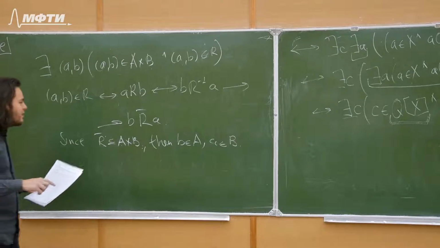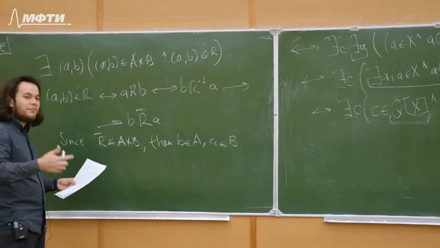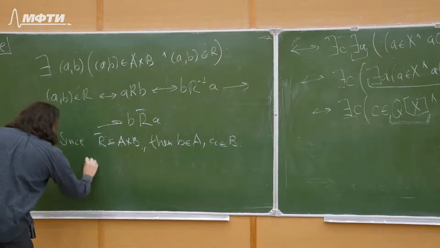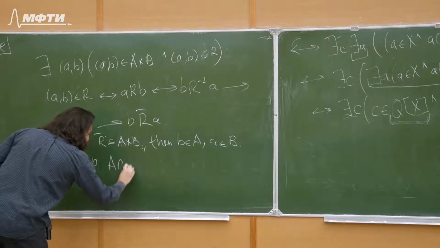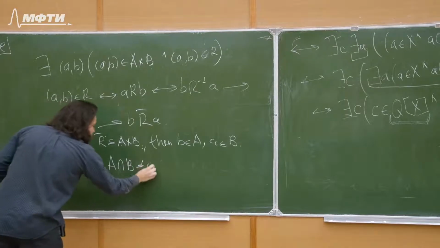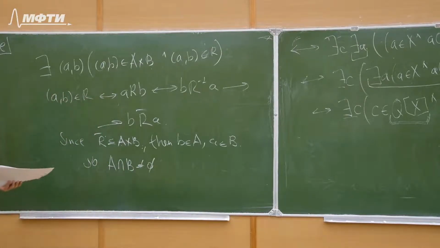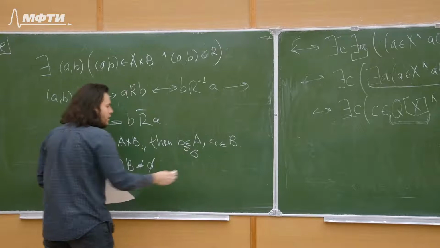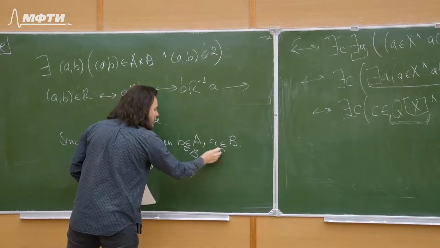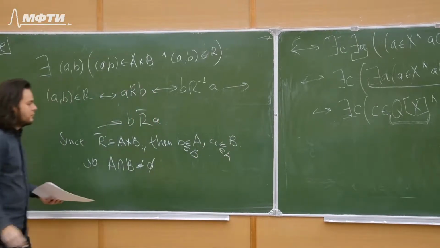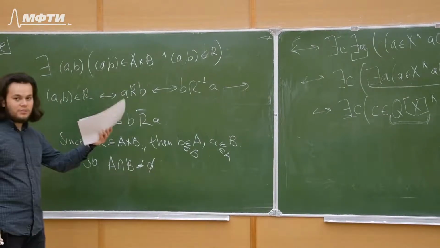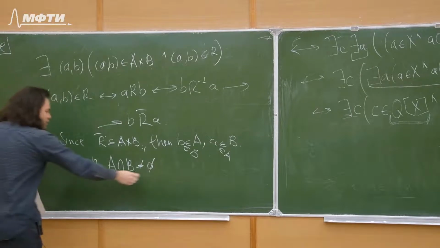So it means that the intersection of A and B is not empty, right? Because we have that B belongs to A and B belongs to B as well, and A belongs to B and A belongs to A. So elements A and B are in both sets, so the intersection is not empty.